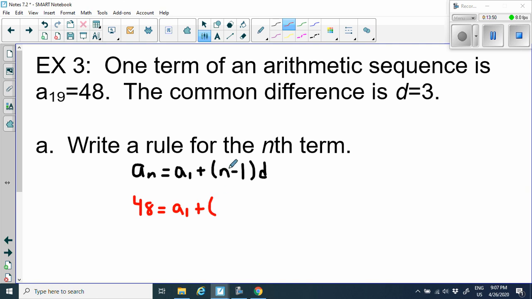Now, I have n. Remember, my a sub n was a sub 19. So that means my n value is going to be 19. So I have 19 minus 1 times my d, which in this case is 3.